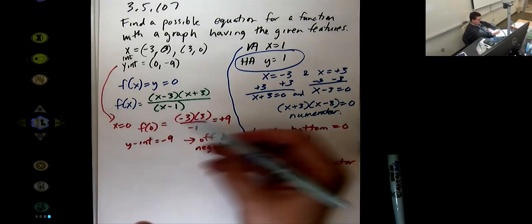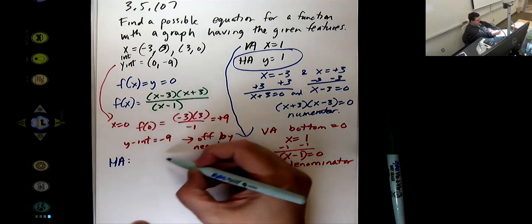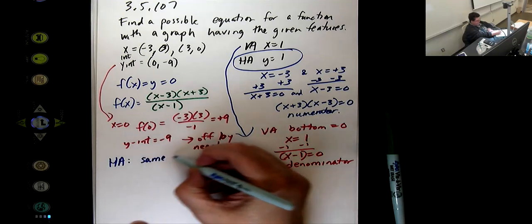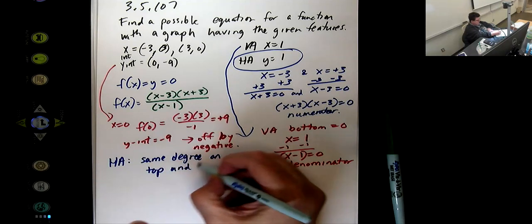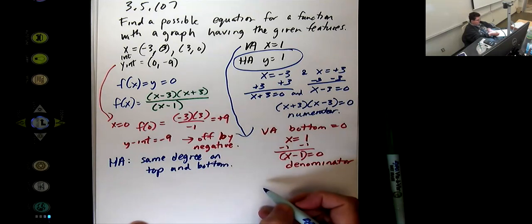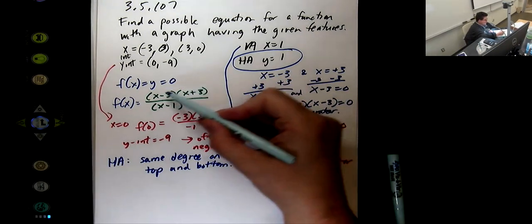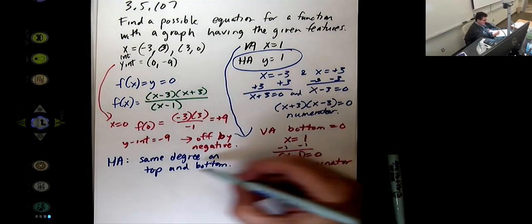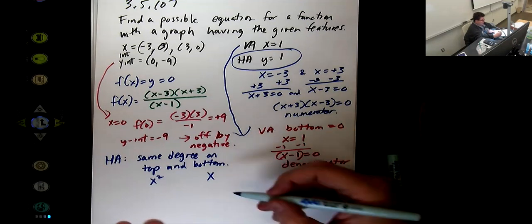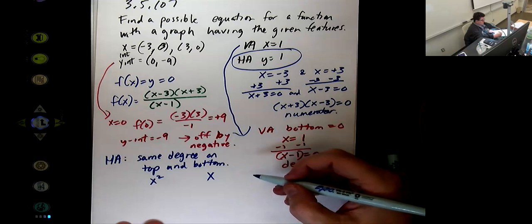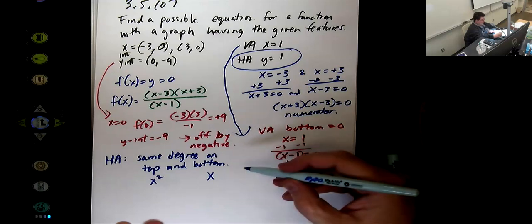So when we have a horizontal asymptote, it has the same degree on top and bottom. And right now, I have 2 x's on top. So the top is x squared right now. The bottom is just x. Which means I need another way to add another x on bottom.